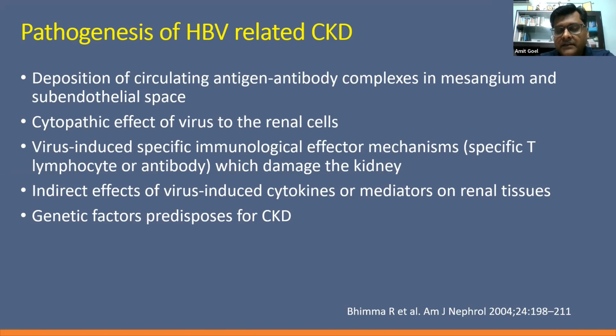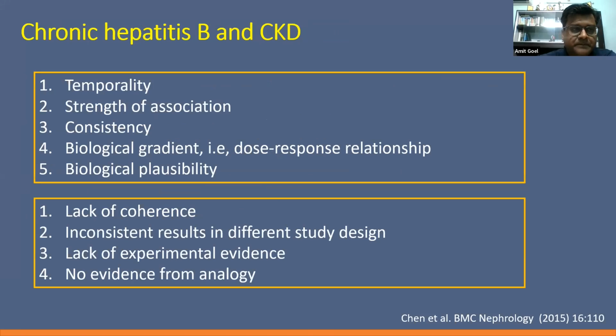It can be the indirect effect of virus-induced cytokines due to inflammation, which might be mediating the injury to the kidney. And there can be genetic predisposition to develop chronic kidney disease in people with HBV infection. We don't know the real mechanism. The mechanism is best known in relation to HCV, but not well known in relation to HBV.